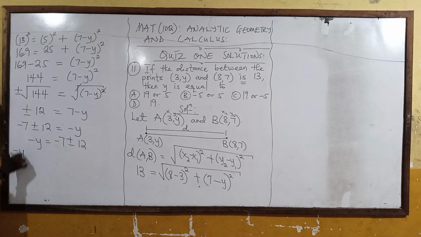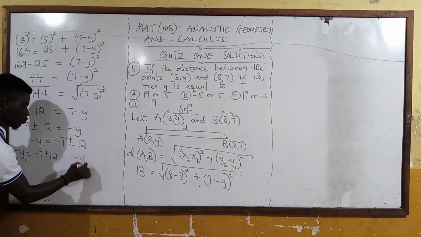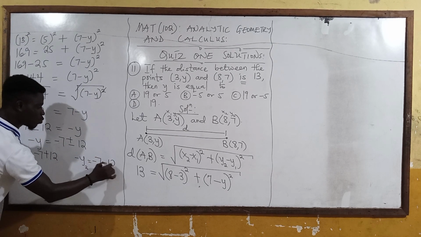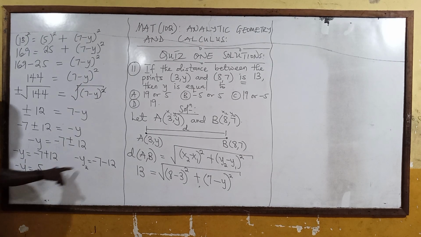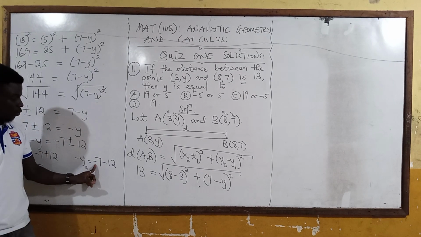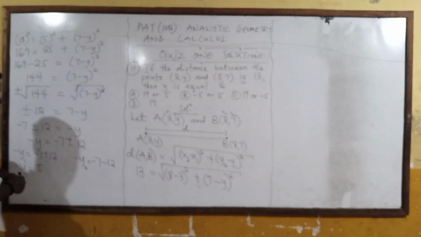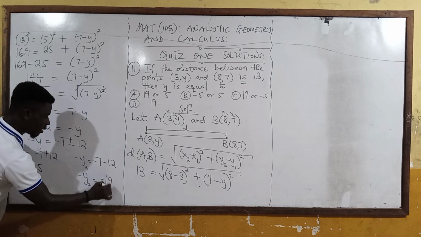Let's say negative y1 equals negative 7 plus 12, we obtain positive 5. Now negative y2 equals negative 7 minus 12. We are adding negative 7 plus negative 12, we obtain negative 19.